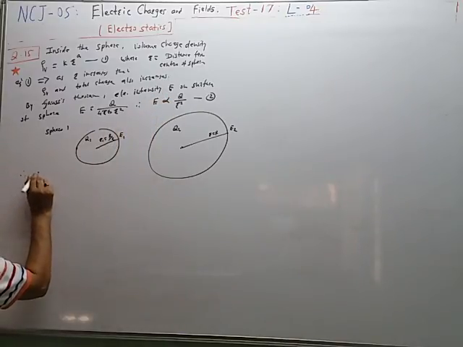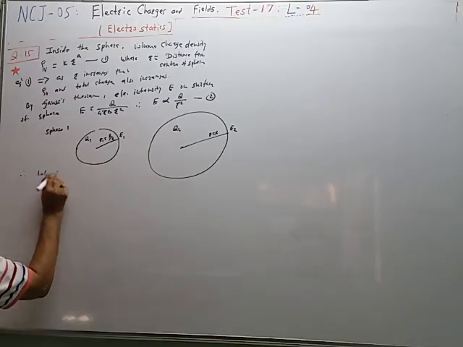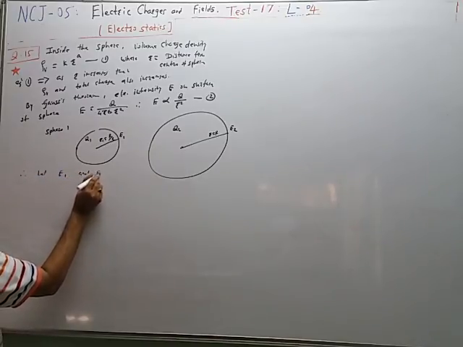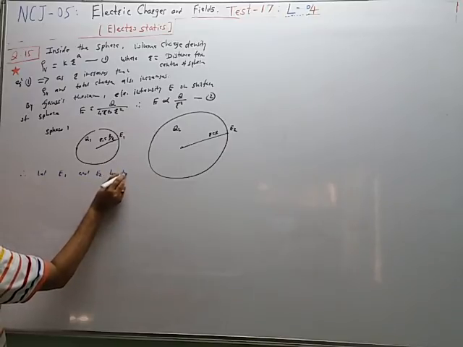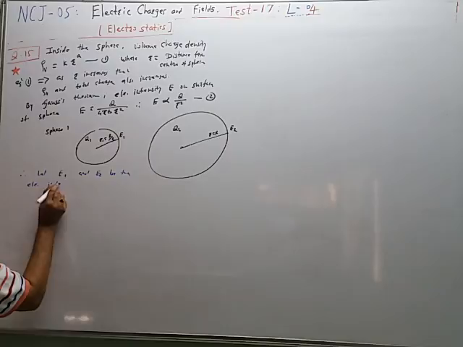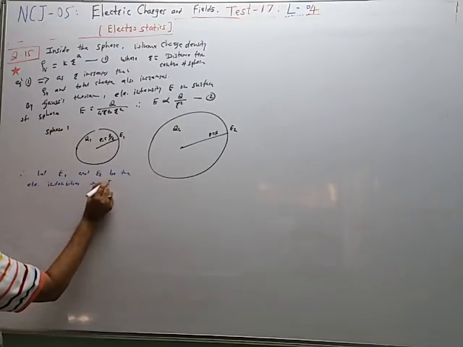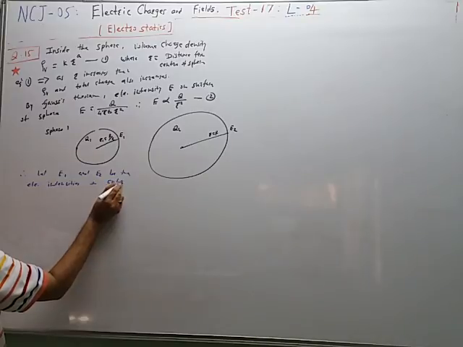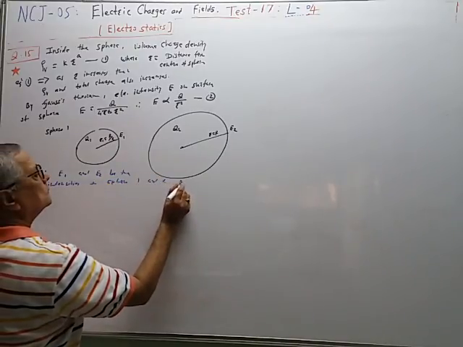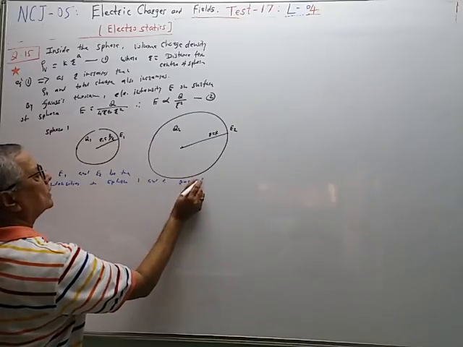Therefore, let E1 and E2 be the electric intensities on sphere 1 and 2 respectively.